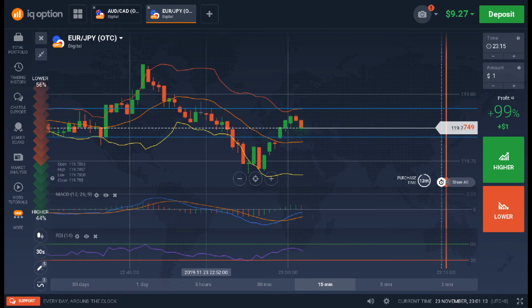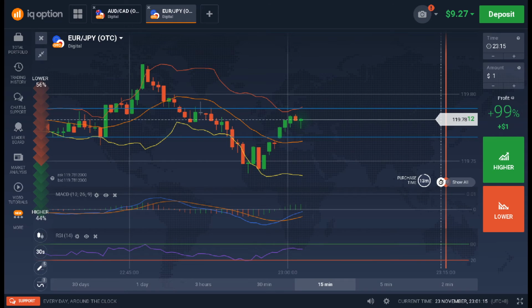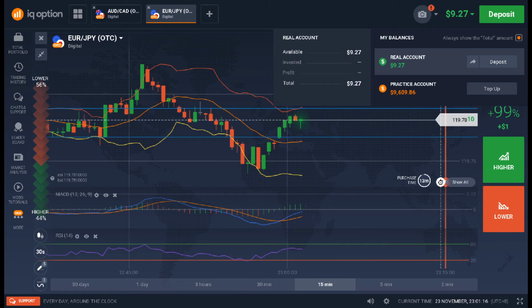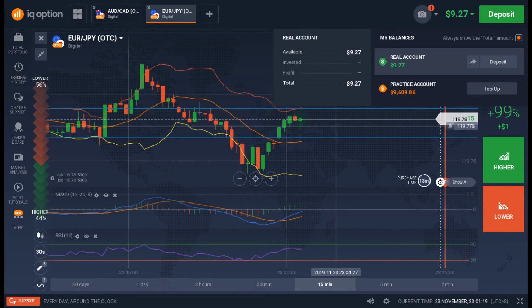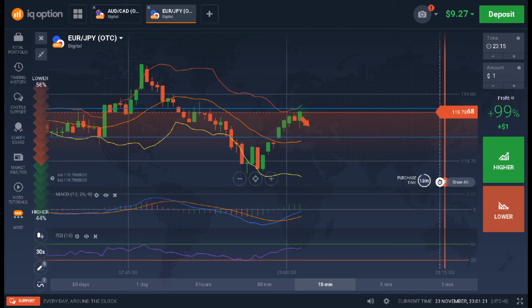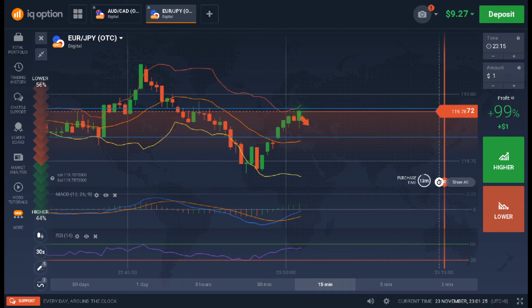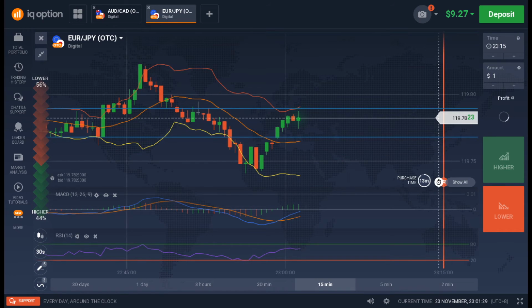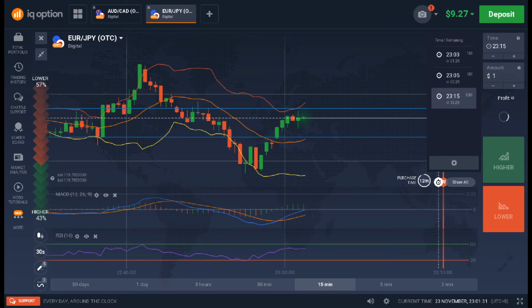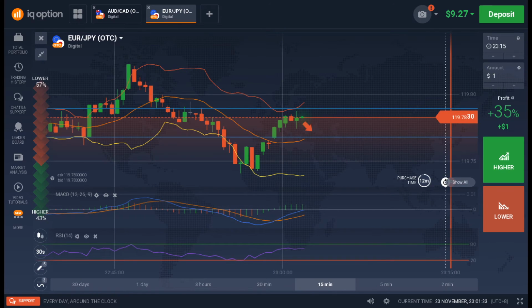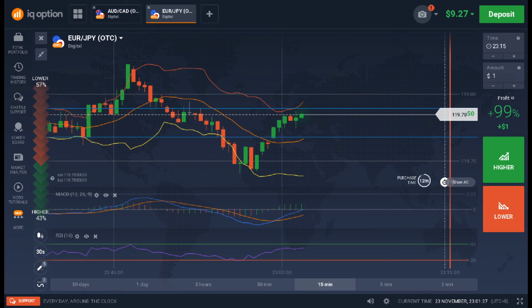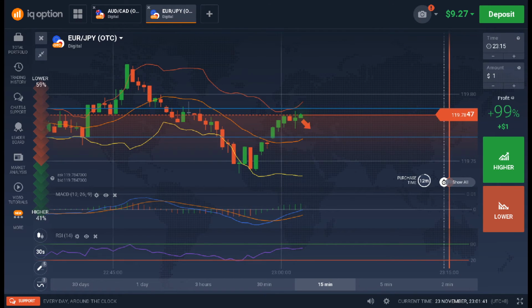15%. It will challenge that blue line, everyone. I know. 99%. I like it when the profit allocation is around 99%.